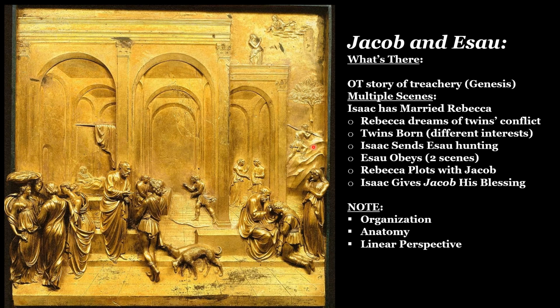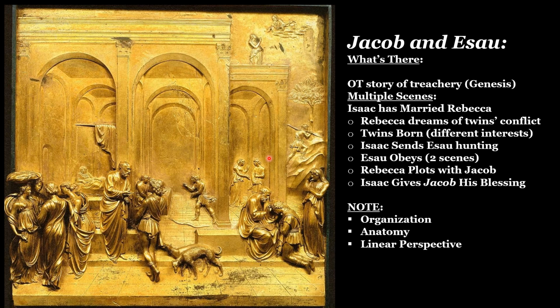And then over here, very flat relief shows us again, he looks quite determined right here, but here he is again continuing on his assignment, on his mission. So he obeys, having been asked to go out hunting and bring back meat for some porridge. In the meantime, Rebekah back here is plotting with her favored son, Jacob, and the whole Old Testament idea of the birthright and who was born first would get the birthright.